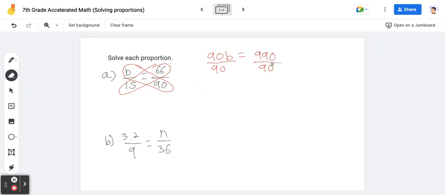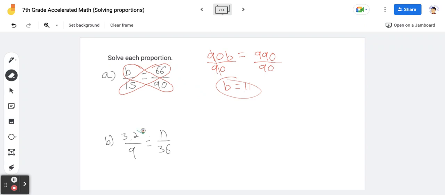I'm dividing because that is the inverse of multiplication. 90 times B, so I'm going to divide 90 from both sides. 990 divided by 90 is 11. Therefore, B is equal to 11.